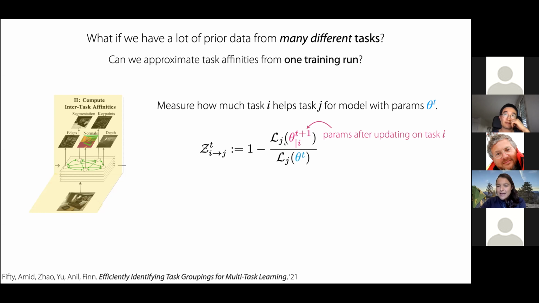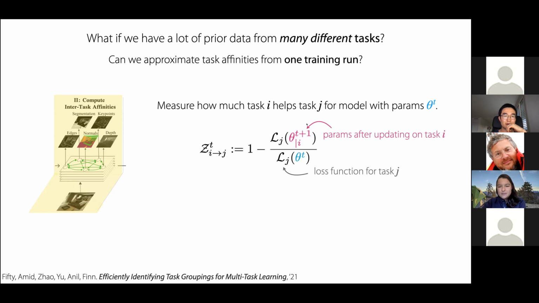So this is essentially after you update on task I, how helpful is that for task J? And we'll measure this and compare it to the loss function before any update. So essentially what this is measuring is whether an update on task I is helpful, whether the gradient for task I is helpful for task J.